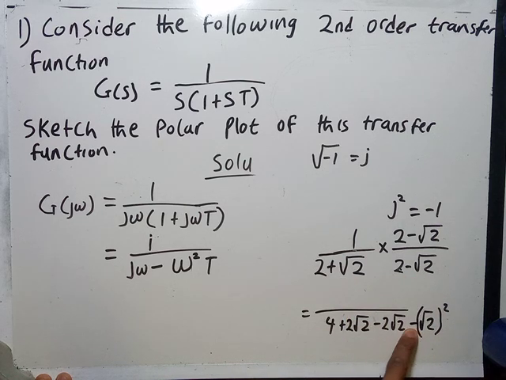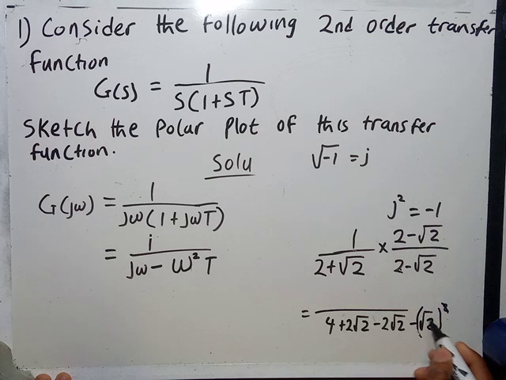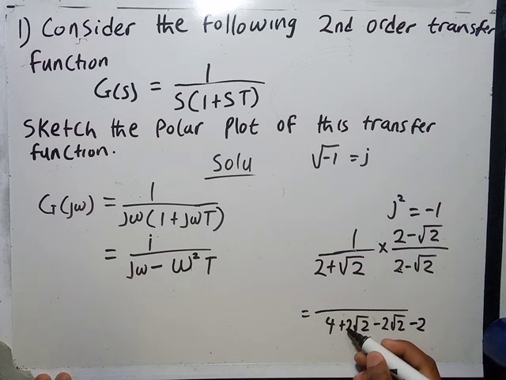The minus, remember, is outside, not inside, so the square won't be affecting it. The square root of this cancels out the square, and we'll be left with just 2. So minus 2, plus this is plus 2 root 2 minus 2 root 2. So this and this will cancel out, and we're left with 4 minus 2 at the denominator.